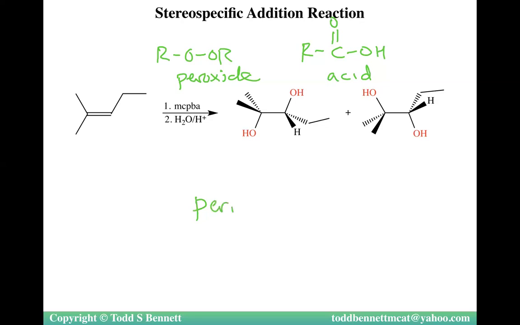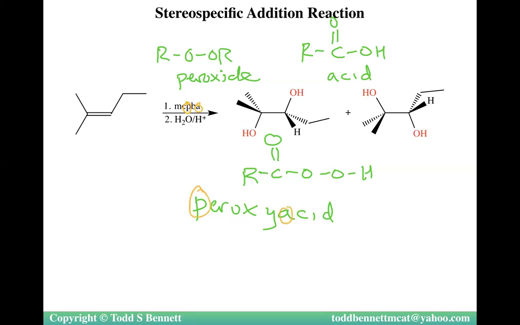A peroxy acid has features of both: RC double bond O and then an OOH. Highly unstable, like a peroxide, that means highly reactive. The R happens to be a benzene ring with a chlorine on it. So metachloroperoxybenzoic acid. The key thing I care about is peroxy acid.